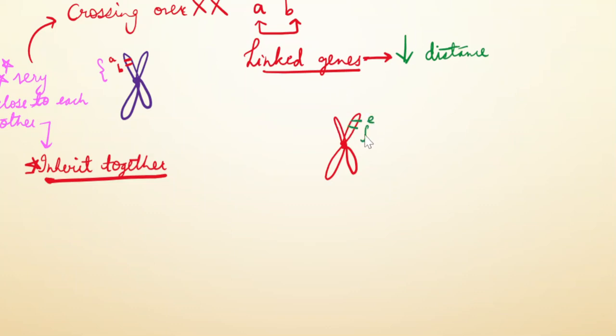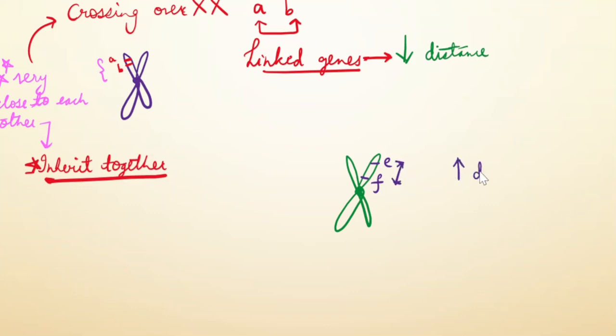Suppose this is the chromosome and this is gene E and this is gene F. You can see the distance between these two genes is higher. If the distance is higher, the genes are very far from each other.